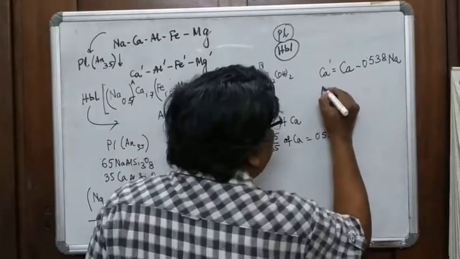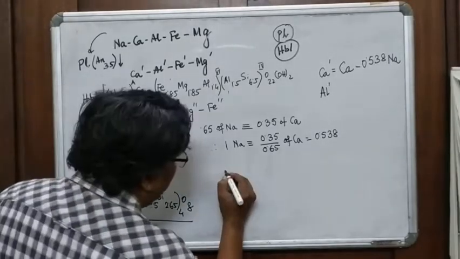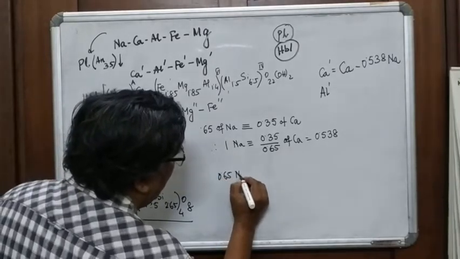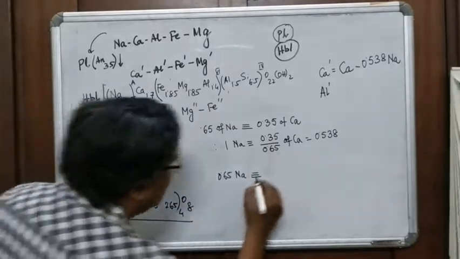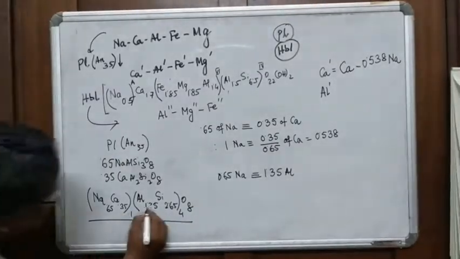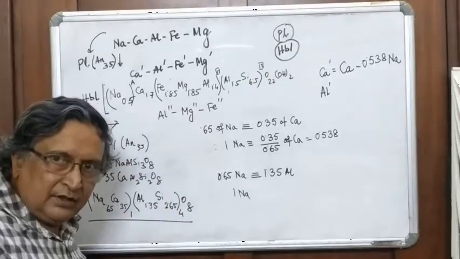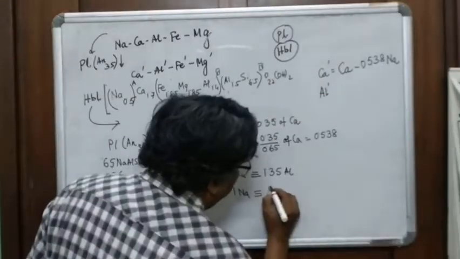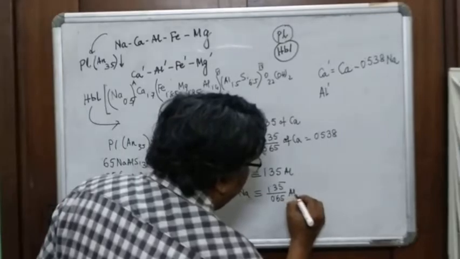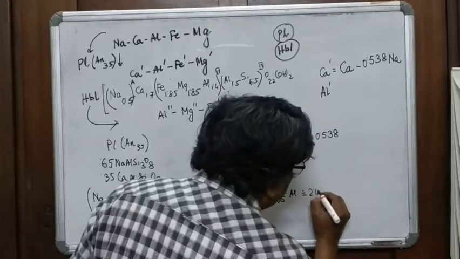So let's say if we take aluminium, what happens? Here you see your sodium again 0.65. If you remove sodium, 0.65 sodium is equivalent to 1.35 aluminium, yes or no? Because it's 1.35. If I do this, then one sodium, the unitary method of the olden times, is 1.35 divided by 0.65 aluminium, which is equivalent to 2.077.